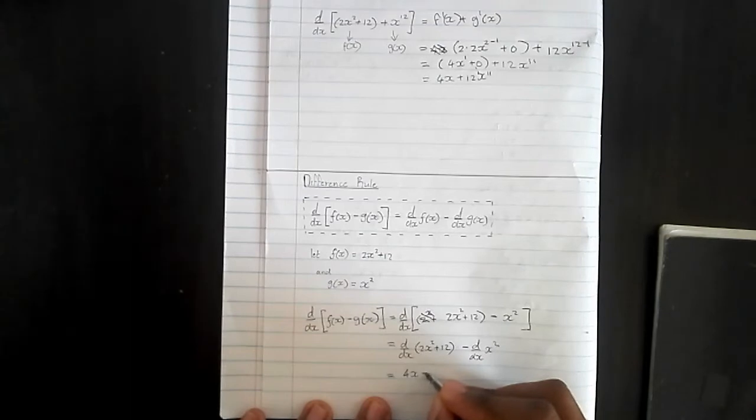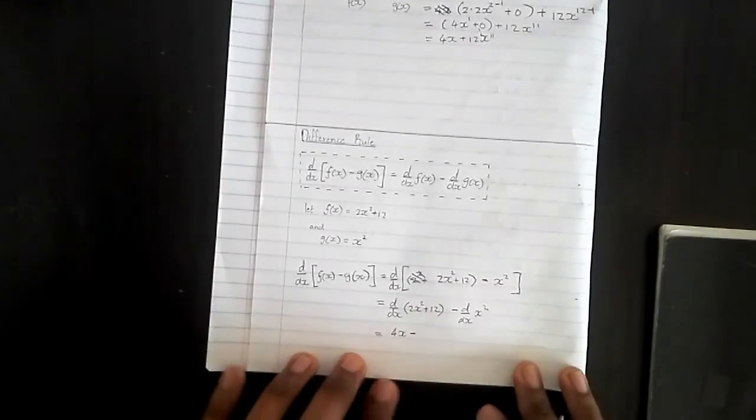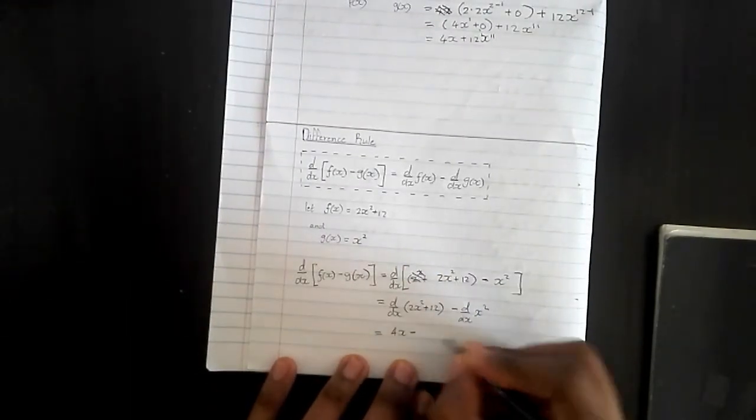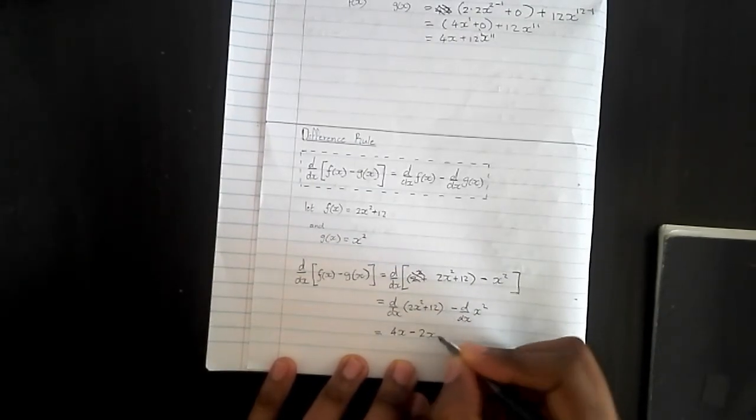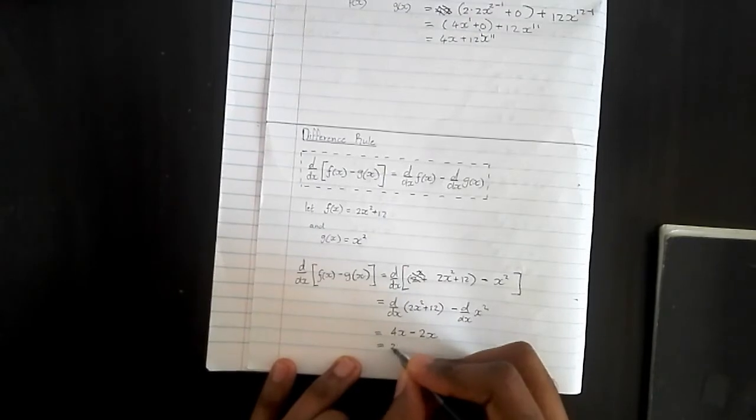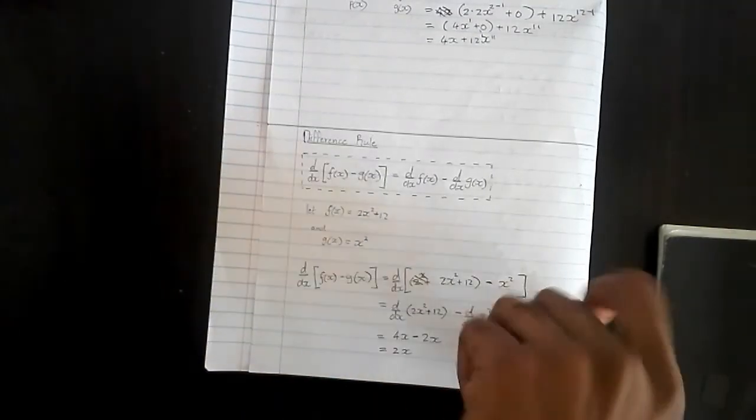No need to add the 0, it's negligible. Minus the derivative of x squared is simply 2x. So the final answer is 2x. Let's move on to the next rule.